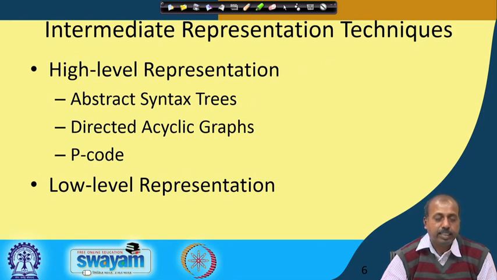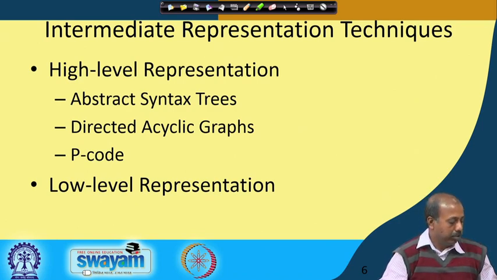Then the directed acyclic graph: between the operands you have certain operators, and you can represent them in the form of a DAG. Then we can have P code, which we will see, and the low level representations, which are very close to the machine language. We will see what those are.